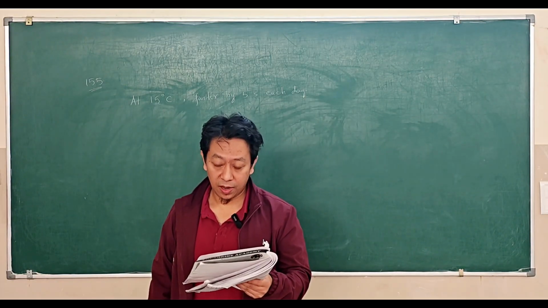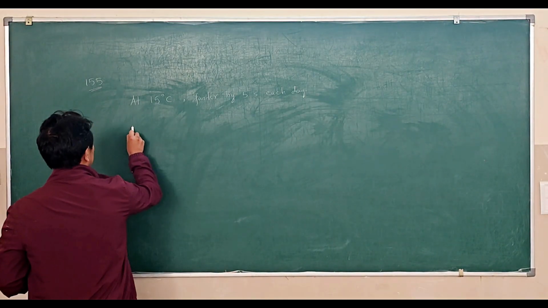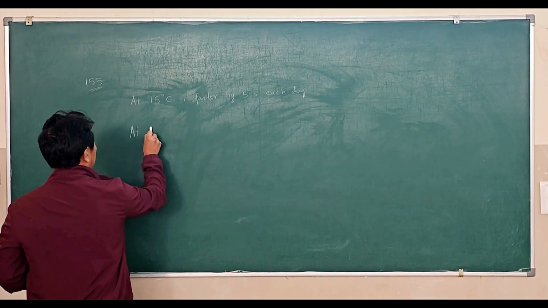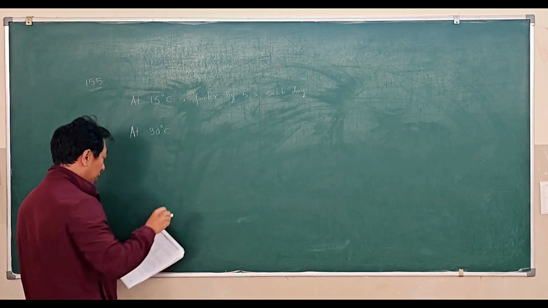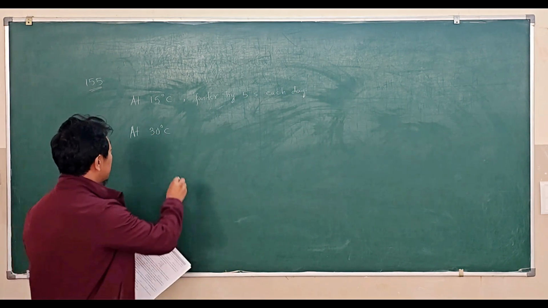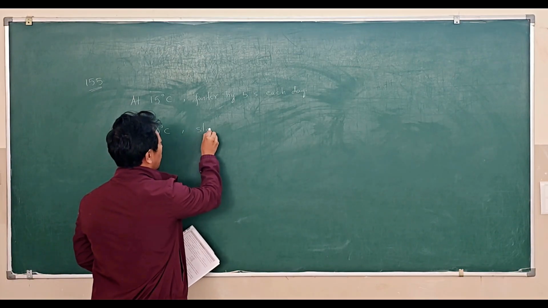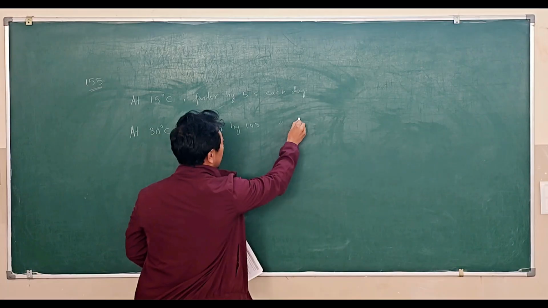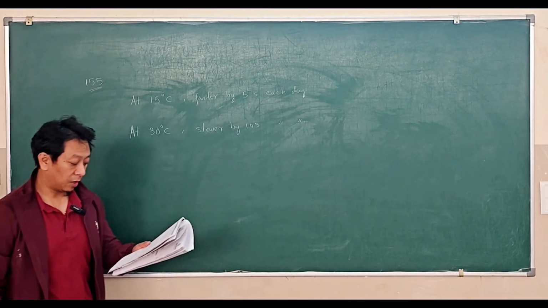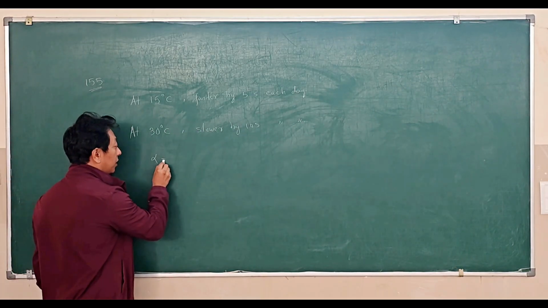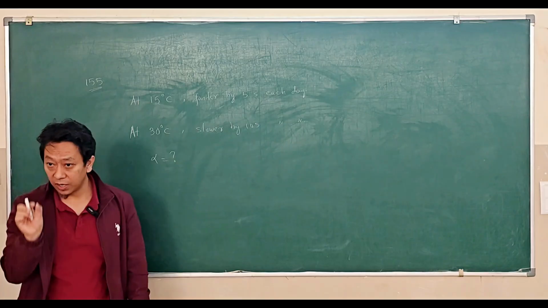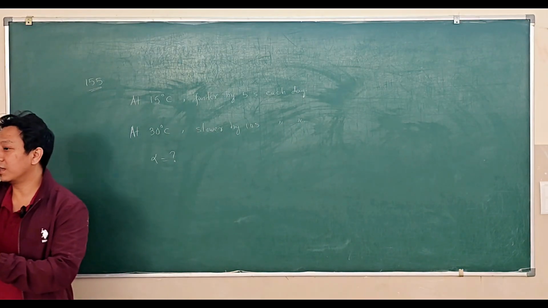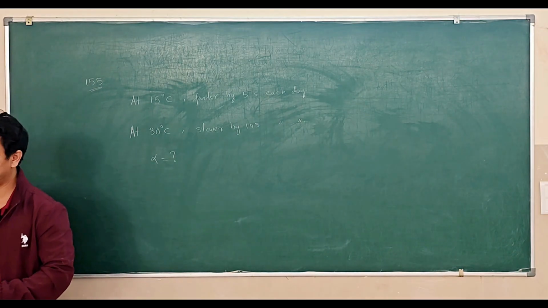Then what did they tell? And at 30 degrees Celsius, it runs slower by how many seconds? 10 seconds each day. They want you to find alpha of the material of the rod used in the pendulum.